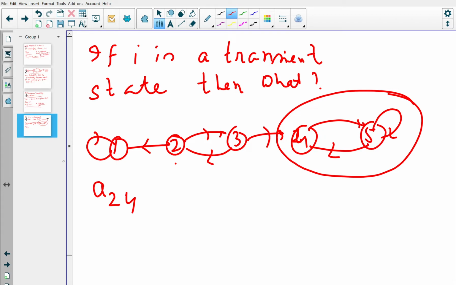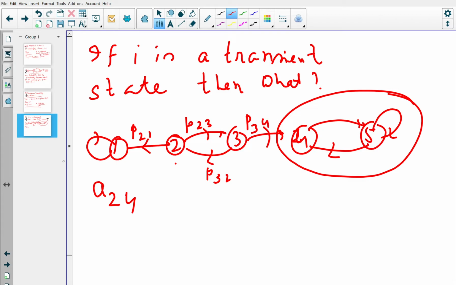Now suppose you know the probabilities here: this is p23, and then this is p32, and then p21, and then p34.